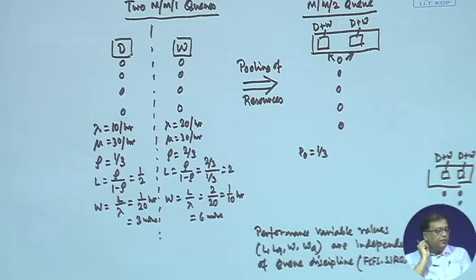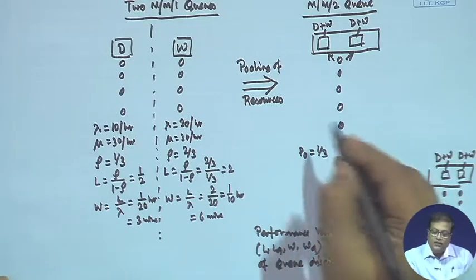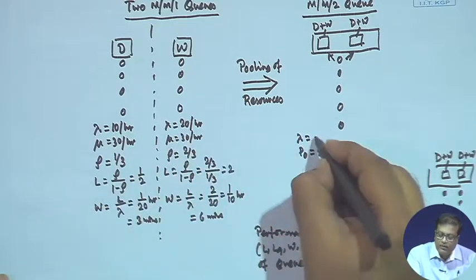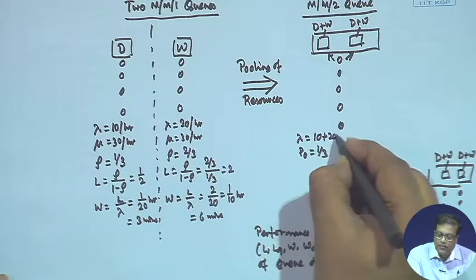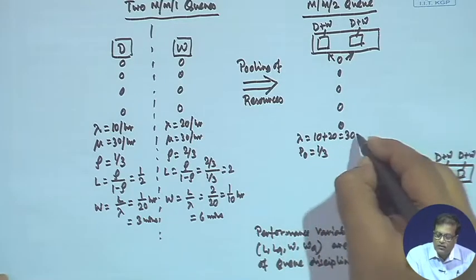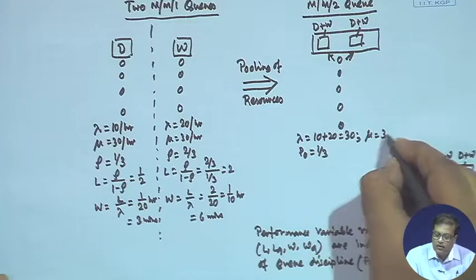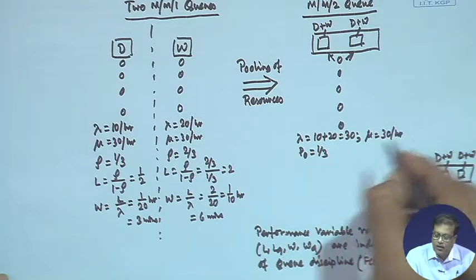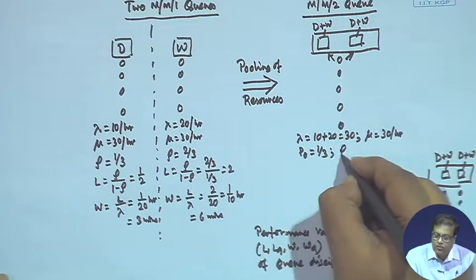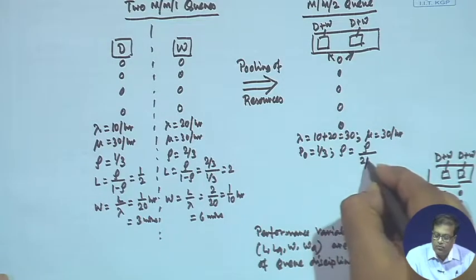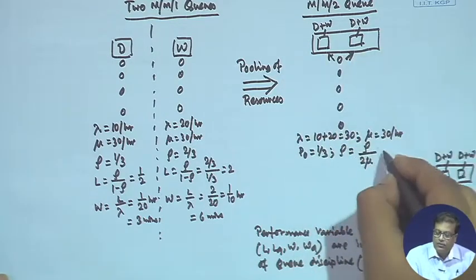And what is the lambda here? The lambda will be equal to the two processes, 10 plus 20, that is equal to 30. The mu remains at 30 per hour, and what will be rho? Rho will be lambda by 2 mu. Why 2 mu? Because there are two servers.